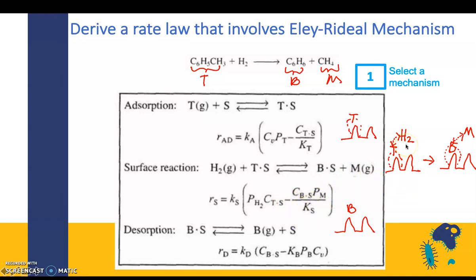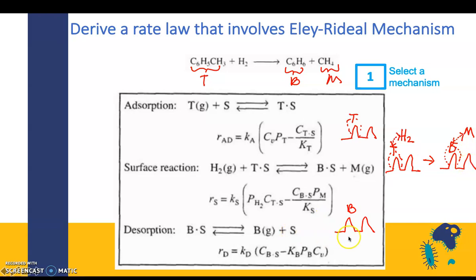What we call the Eley-Rideal mechanism is this part. The molecule didn't attach or adsorb on the catalyst surface, but it makes a bond with the reactant. For the surface reaction, if we describe it with a diagram, it will be something like this. T makes a bond with hydrogen and then produces B and methane, but methane is also not attached to the catalyst surface.